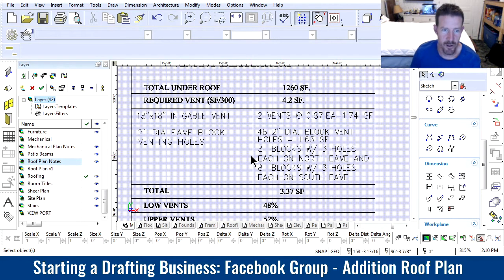So for that gable end vent right here, we need a quarter of 4.2 square feet for that. So this looks like it could be close to a quarter. See, 8 times 4 is 32.